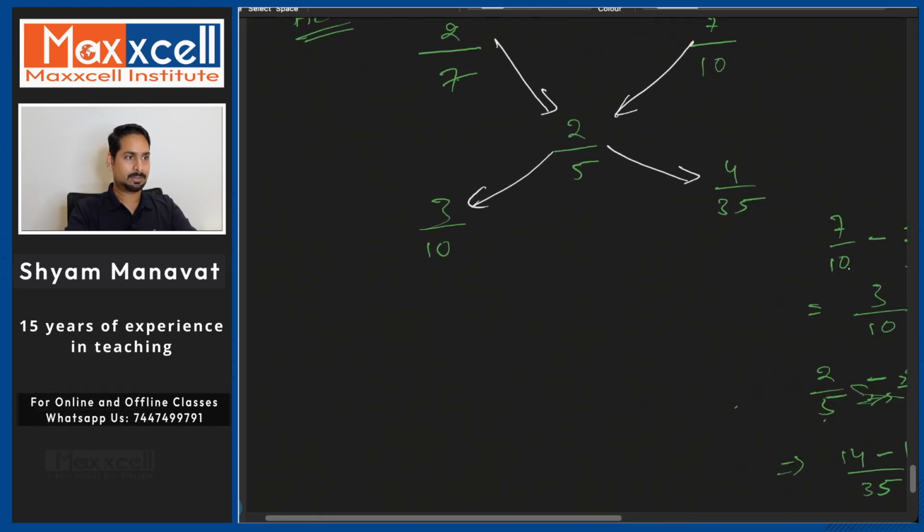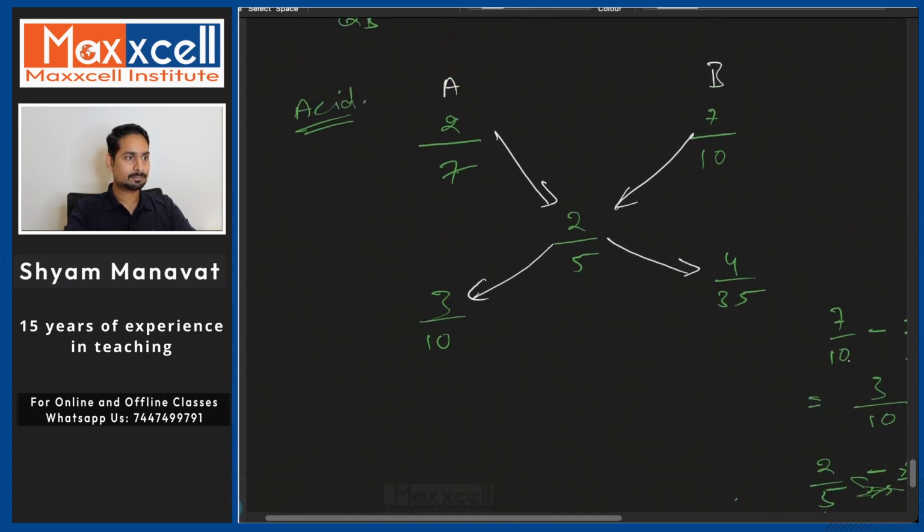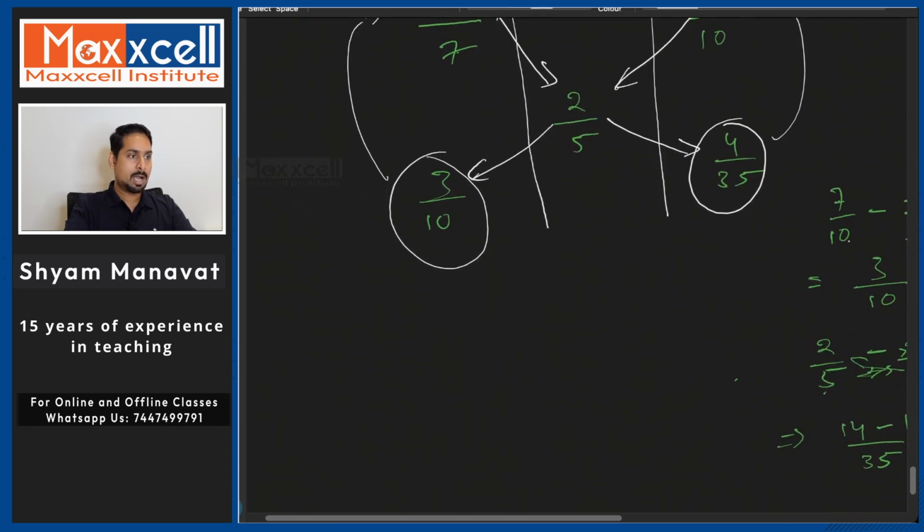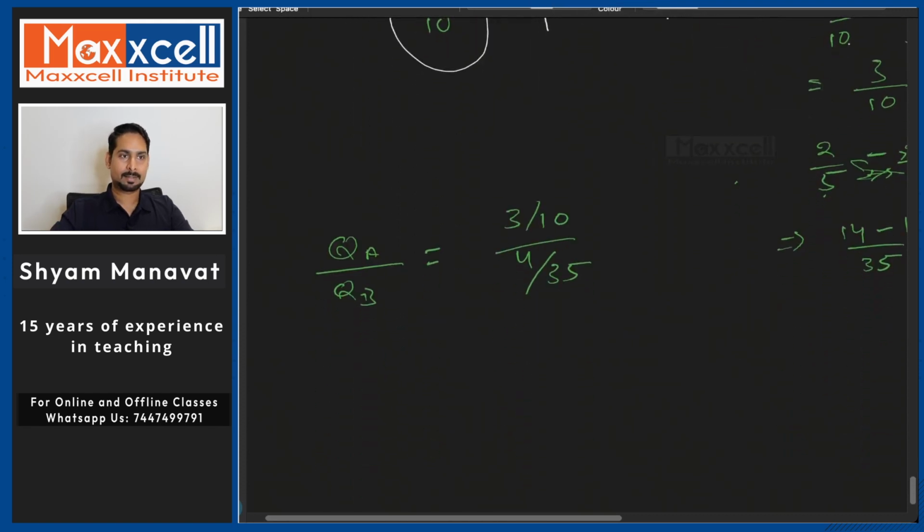Now, this 3/10 will belong to the quantity of A, and this 4/35 will belong to the quantity of B. So now I can write the quantity of A by quantity of B is equal to 3 by 10 by 4 by 35.